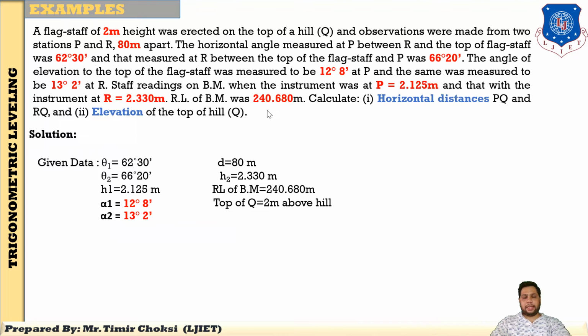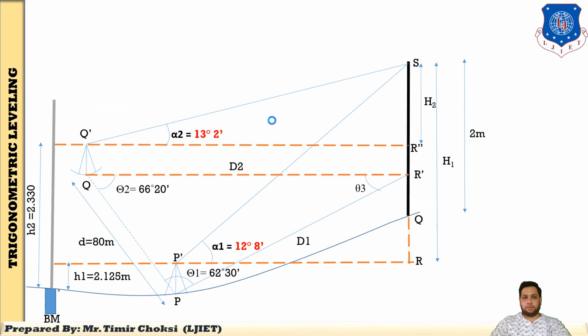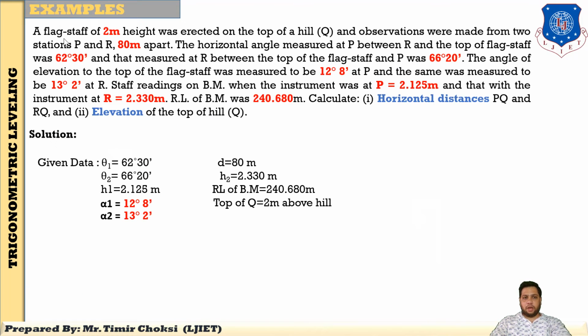Now I have taken one example based on case number 3, so you can clearly understand from this example. A flagstaff of 2 meter height was constructed on the top of the hill Q. Observations were made from two stations P and R, 80 meter apart.